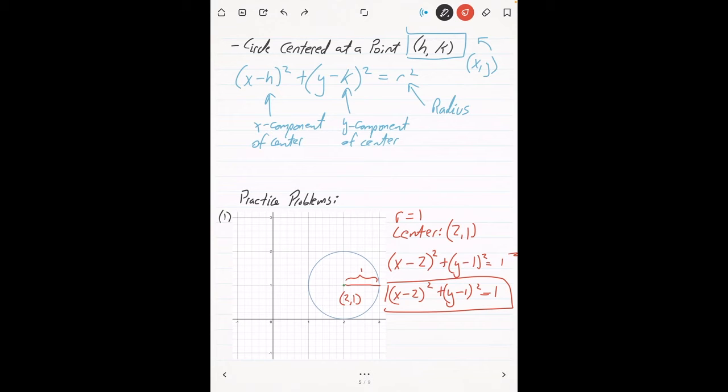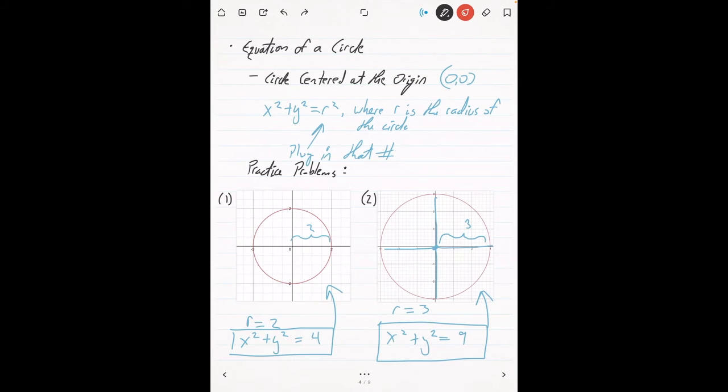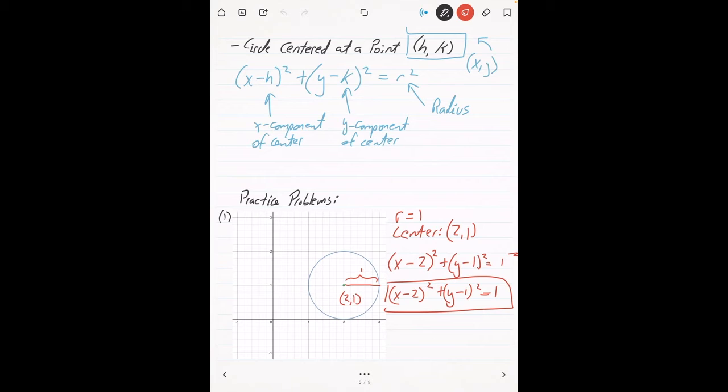Now, I want to try to take a minute to connect this format with what we did previously, this format. Notice here, they're very similar. We take x components and square it, y components square it, and we set that equal to the radius squared. Well, this right here is a bit more elaborate.